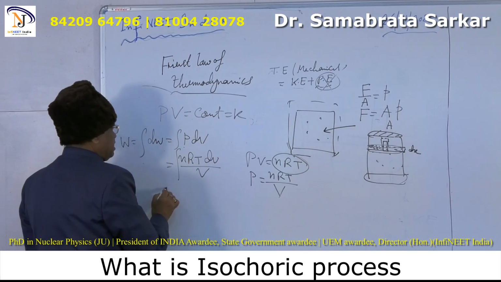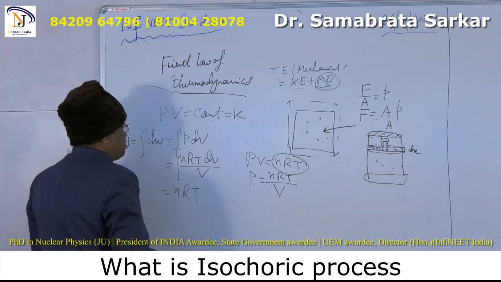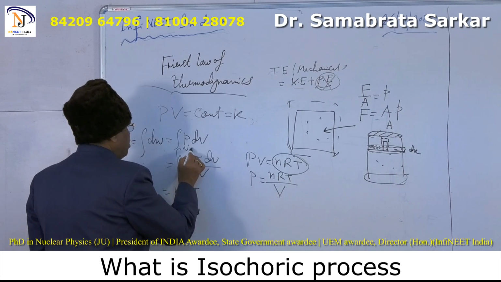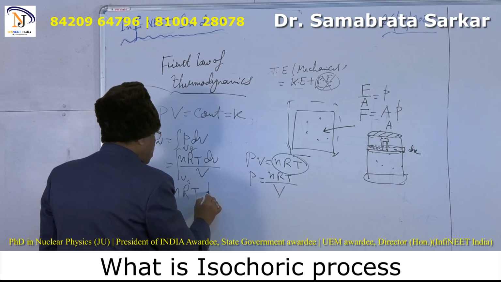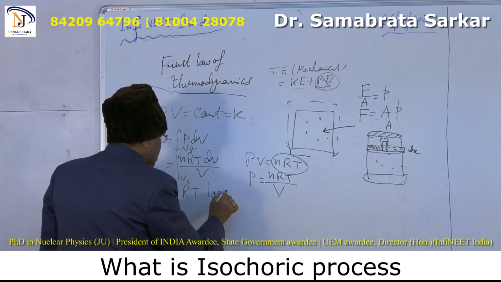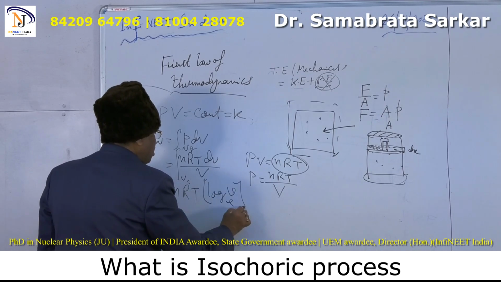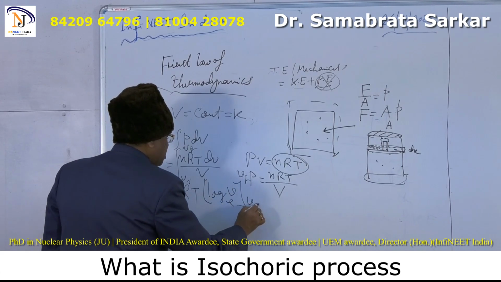W equals, with n constant, R constant, T constant, the integral from Vi to Vf. So what you can write is log to the base e of V, with Vf and Vi as limits.